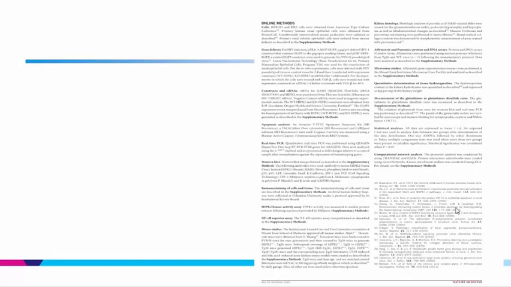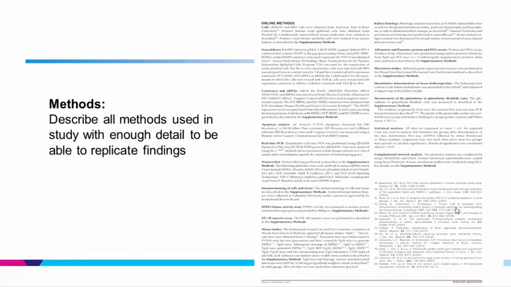The next section is the methods section. Here, you are expected to describe all the methods, both computational and experimental, used in the study with enough detail to be able to replicate all the findings.